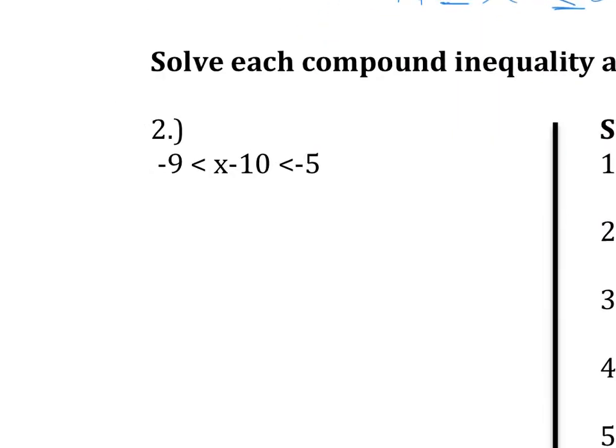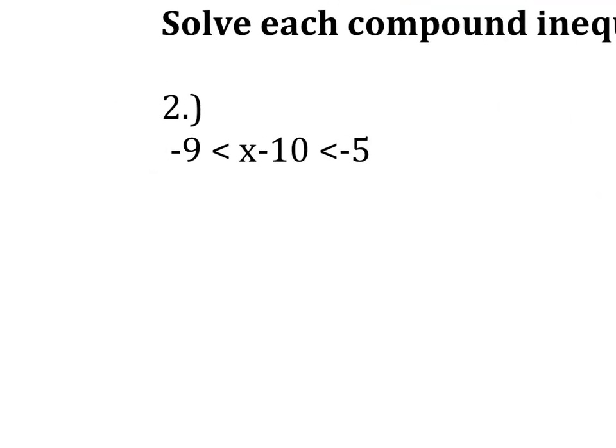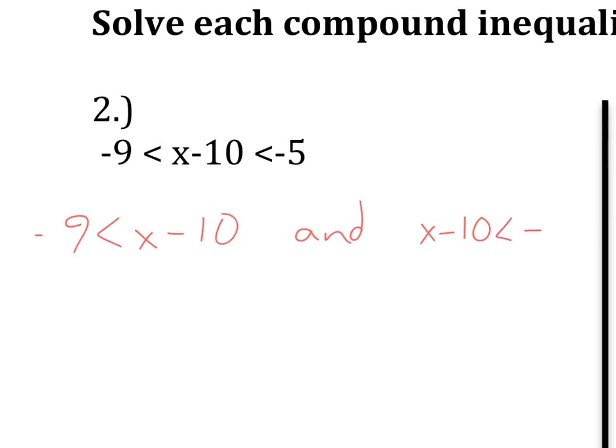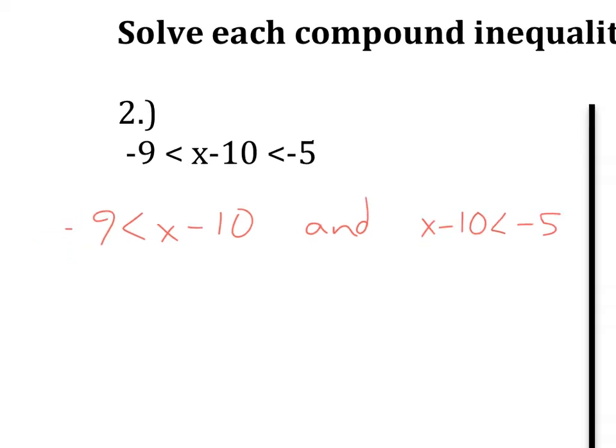So I've got negative 9 is less than x minus 10, and x minus 10 is less than negative 5. I've separated that into two separate inequalities.